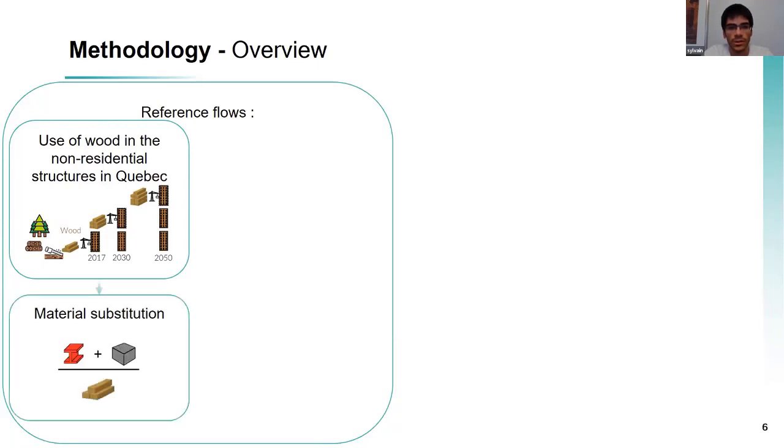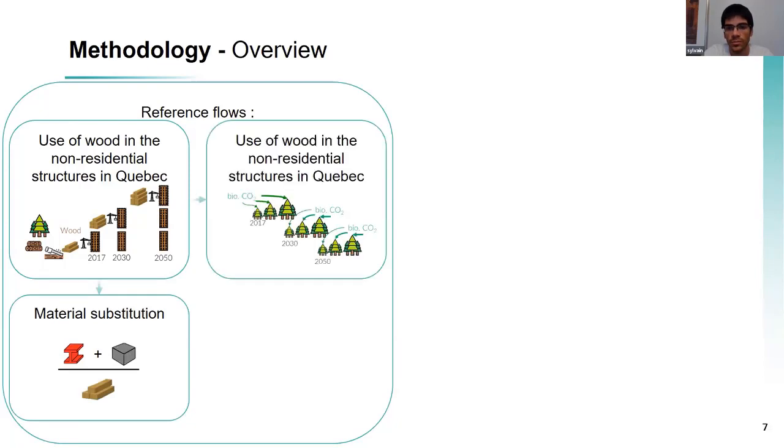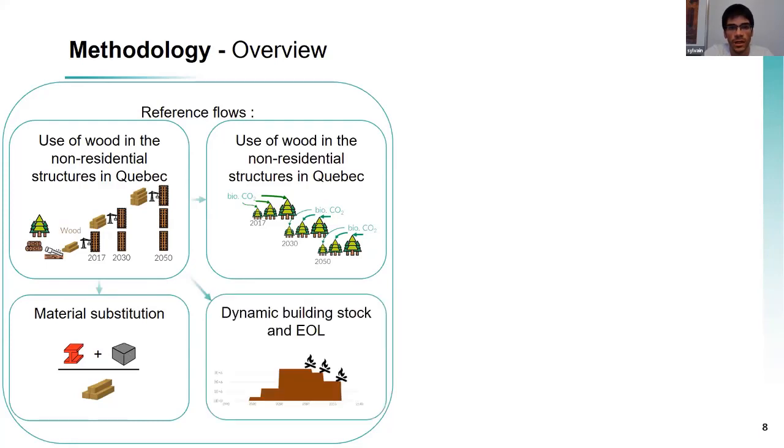Next, we had to estimate how much steel and concrete are substituted per ton of added wood in the structure. Also, there was the modeling of trees that grow up after the harvesting. And finally, we had to model the dynamic stock to help the stock to renew and to reach its end of life.